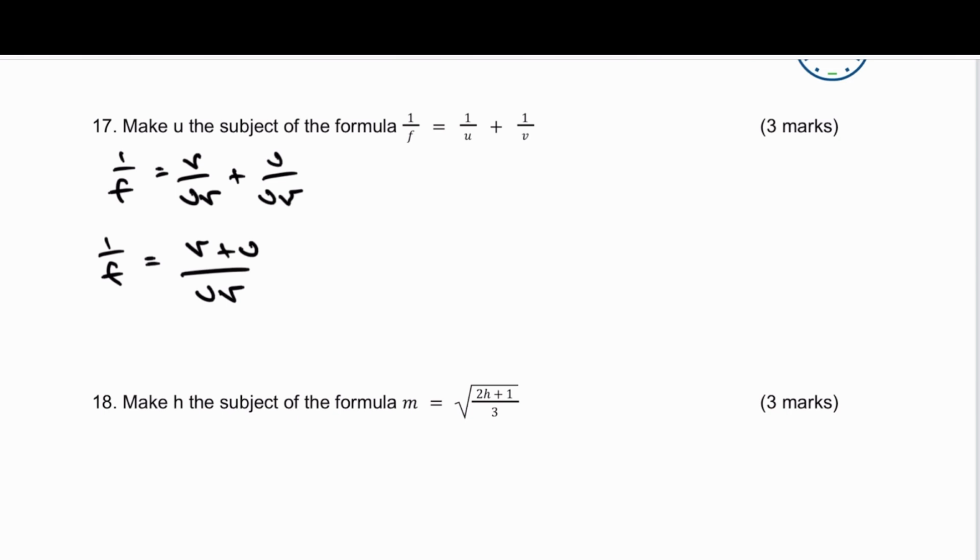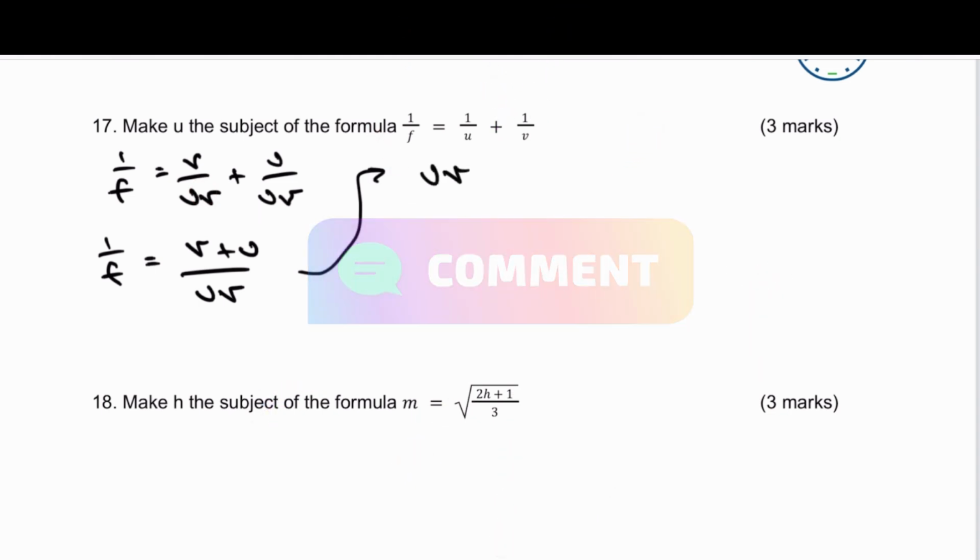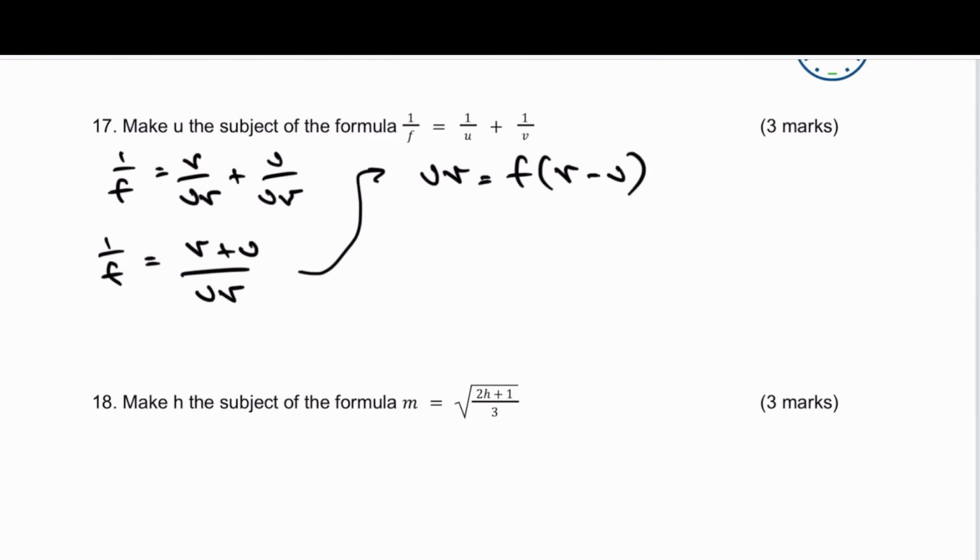And then, as we've done before, it really is just a case of cross multiplying to work everything out. So if I cross multiply that, I'm going to get uv equals f times (v minus u). So expand that out, I've got uv equals fv minus fu.